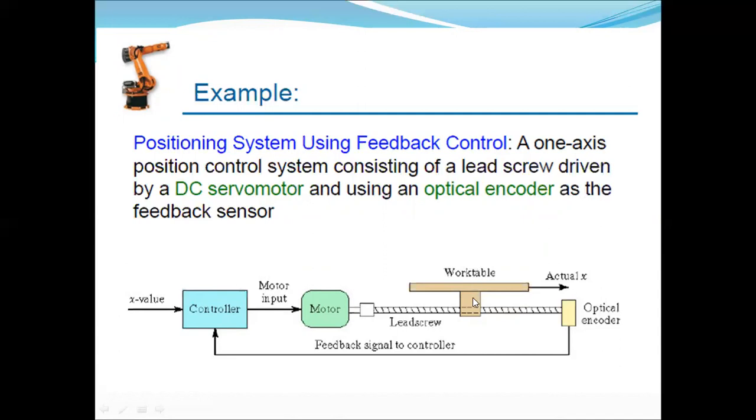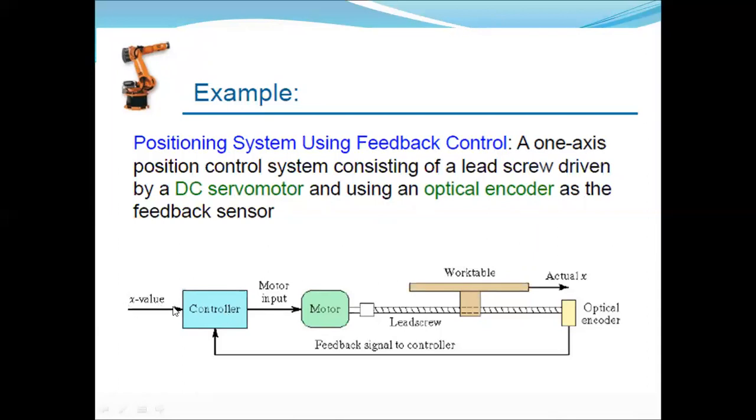So if the tool is fixed and we are moving the work table, then we have to control the motion of the work table. What happens in this case? We are using a lead screw, and this lead screw is coupled with a DC servo motor, and this DC servo motor is controlled by the controller, right?